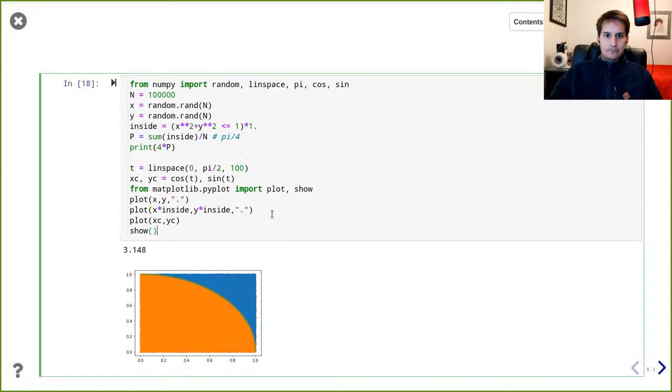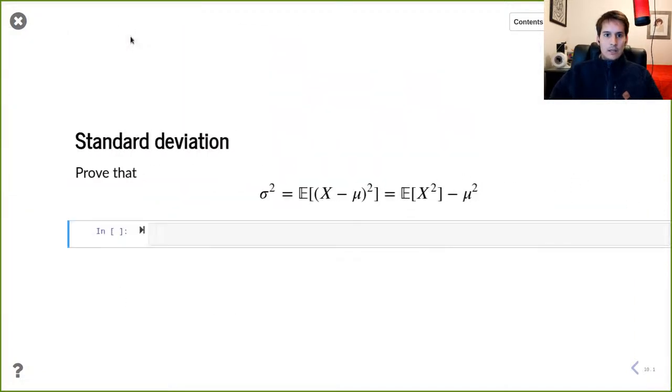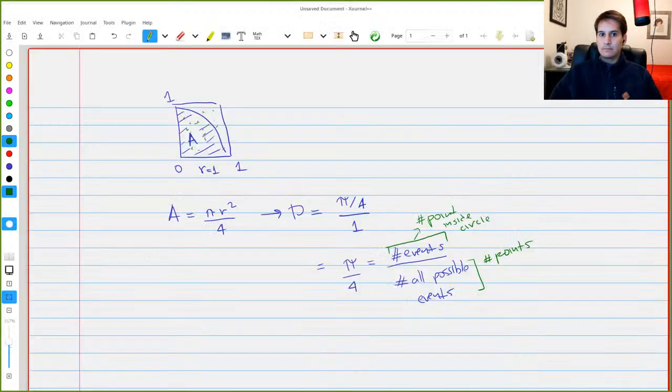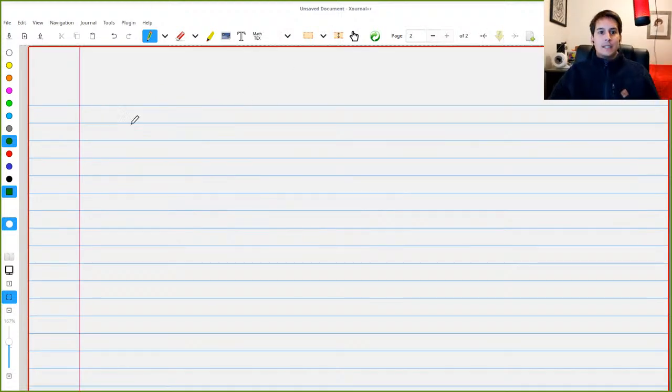And well, the last thing is to prove this. Let me find another slide, sorry. Okay. So first, I just want to be sure that you understand what the expected value is. If you have your random variable X, it can have a probability density distribution.